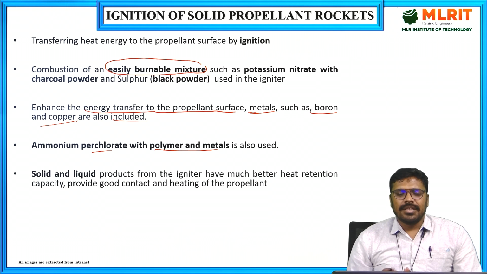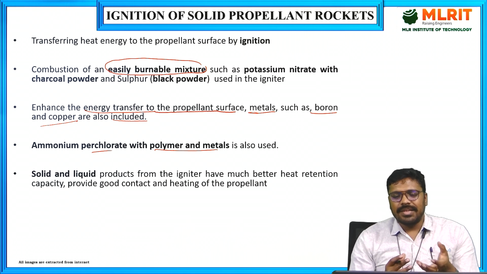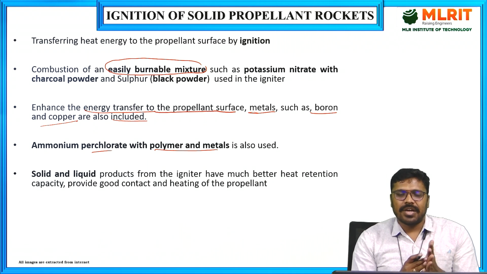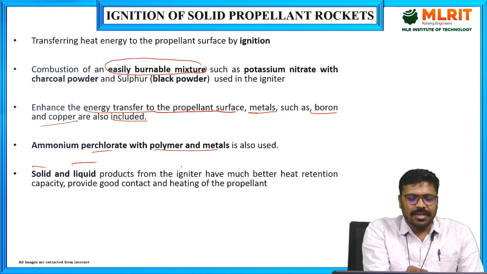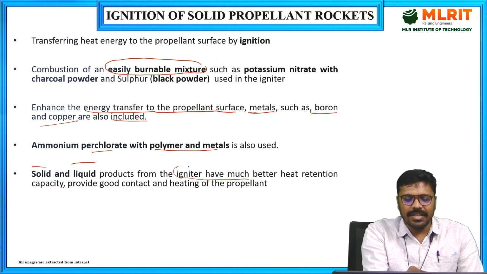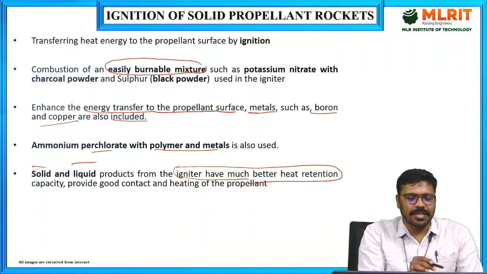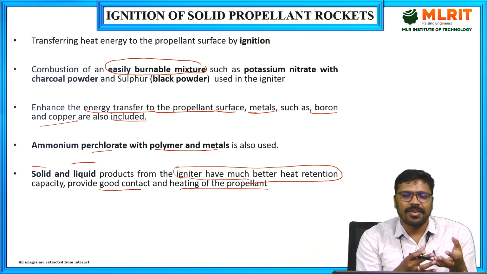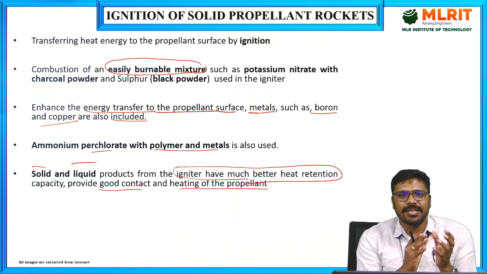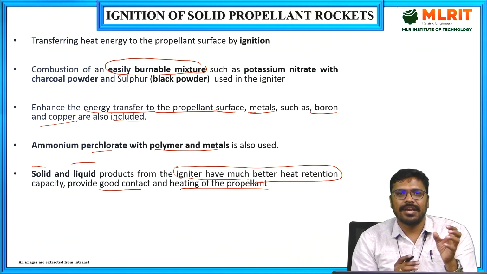And next, when the igniter starts burning, it releases gases, and solid and liquid products also come. The igniter should have much better retention capacity to provide good contact and heating of the propellant. The solid and liquid products after burning the mixture in the igniter have high heat retention capacity, so they hold a high amount of energy.